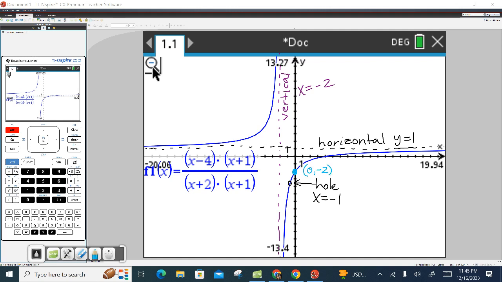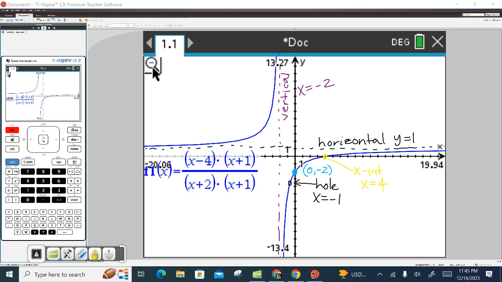There it is. That's your y-intercept. We also found the x-intercept. And the x-intercept was 4. That's the x-intercept. And that was x equals 4.